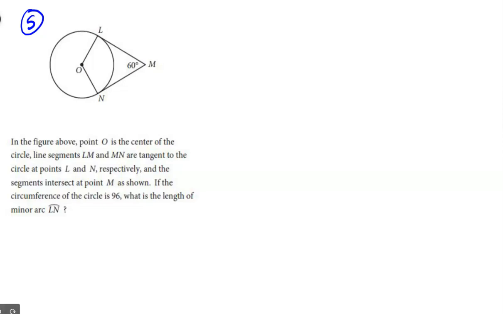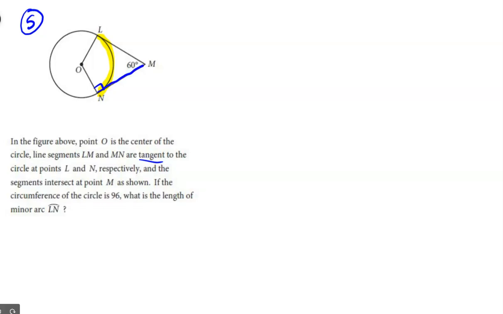So our ultimate goal is to figure out how long this minor arc, the small arc, L to N, is. First thing that's important is when they use the word tangent. If MN is a tangent line, that means this is 90 degrees, because there's a property of circles that when the tangent line hits the radius, it does so at 90 degrees.